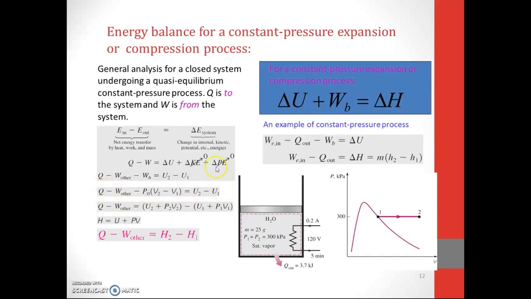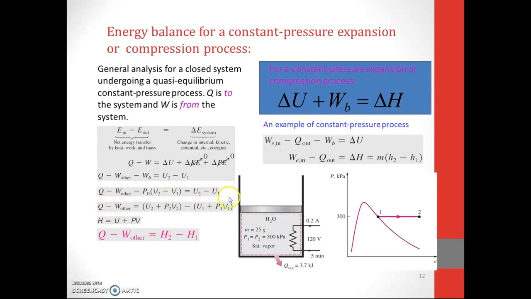Identify your equation first, starting from the general energy balance, and derive until you have the equation based on the condition of your problem statement. When you have finished until here, this is just rearrangement of the equation, so you can just put the values inside to solve this problem.